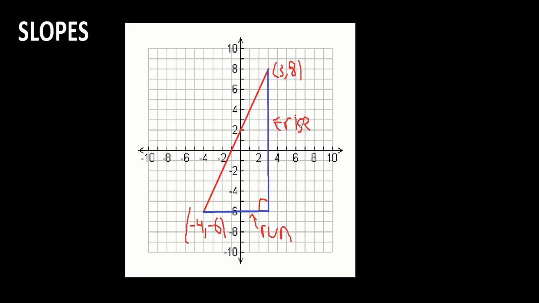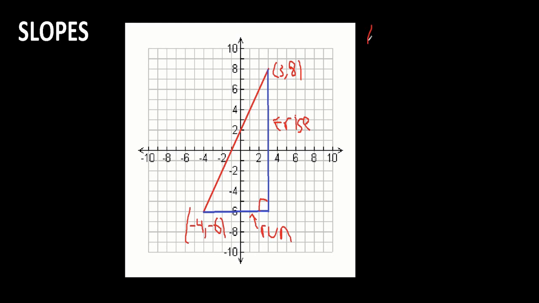And to calculate the numerical value of the rise, it's basically just finding the length of this vertical line. We could do this by counting the number of spaces, because the scale is just 1 here, but sometimes we don't have a scale of 1 on our graph. The easiest way to find the length of this line would be to subtract our y coordinate here and our y coordinate here.